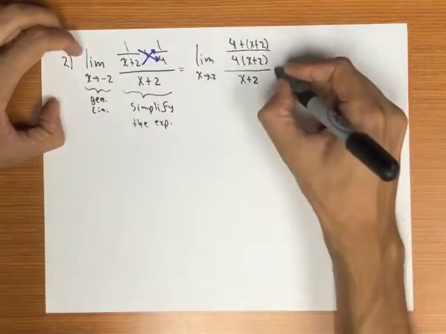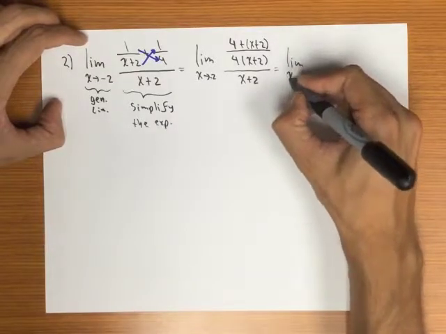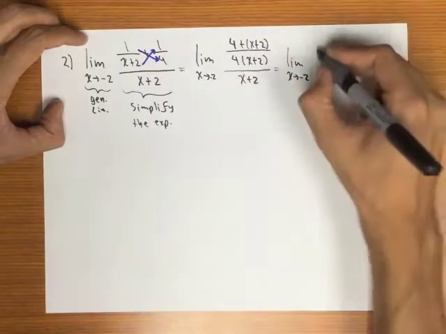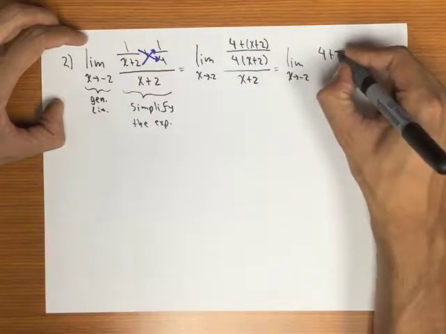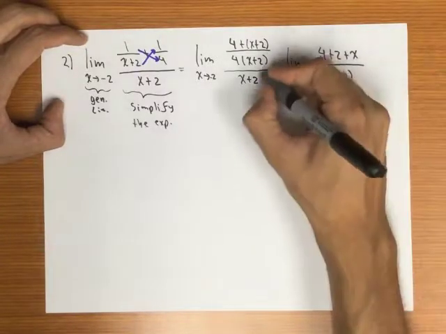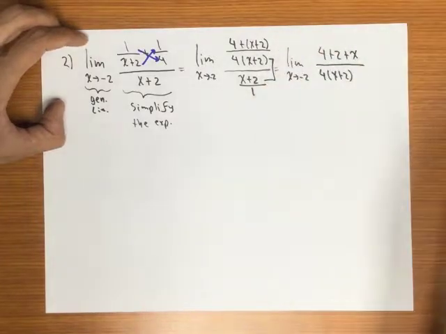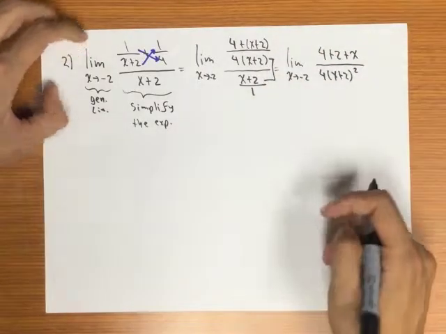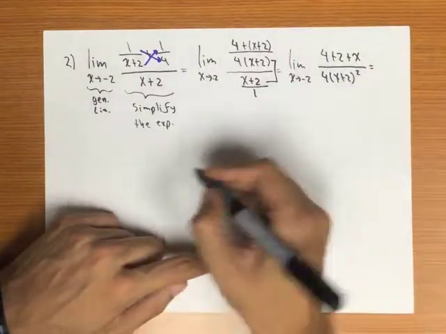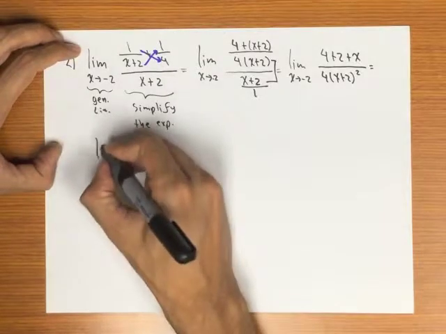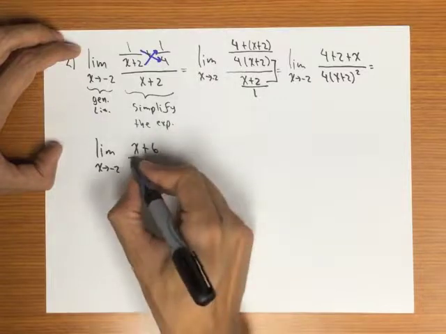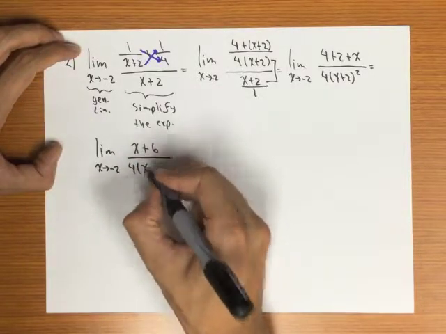And this will be equal to the limit when x approaches -2 of, if you solve the denominator of this fraction, 4 plus 2 plus x over 4 times x plus 2, and you can use the sandwich rule, and you will see that this denominator is squared. So this is equal to the limit when x approaches -2 of x plus 6 over 4 times x plus 2 squared.